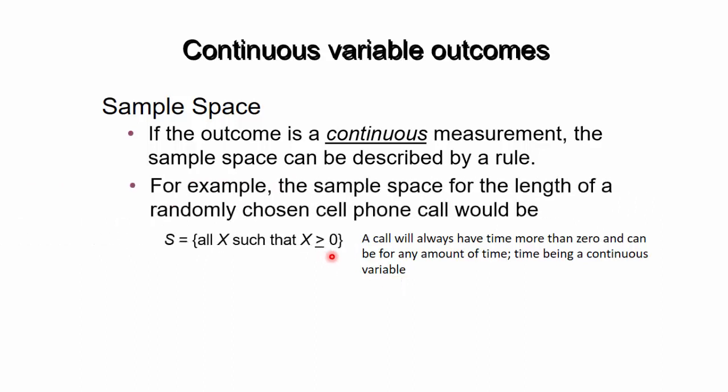The sample space S, the universal set, is all the x's, or all the times. X here represents the time of talk, such that x is always greater than or equal to 0. Mathematically, we would write S equals x such that x greater than or equal to 0.